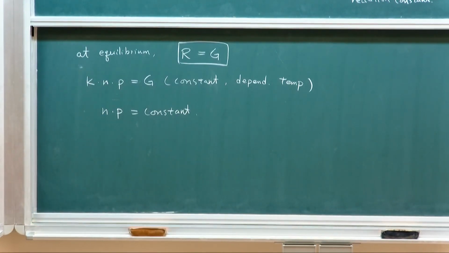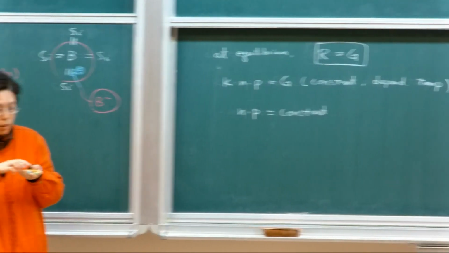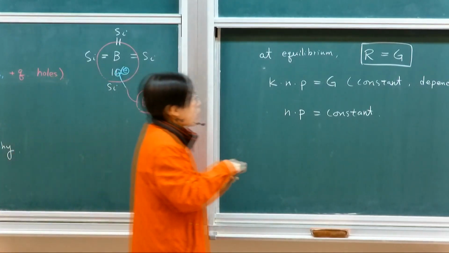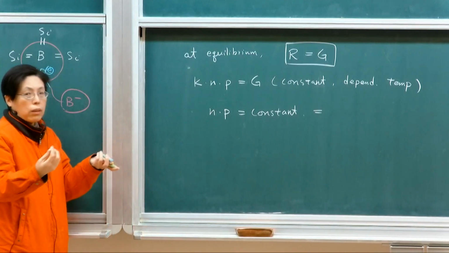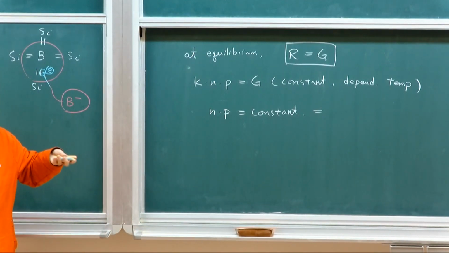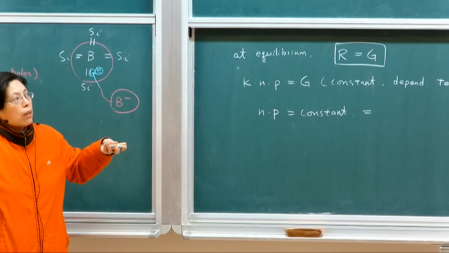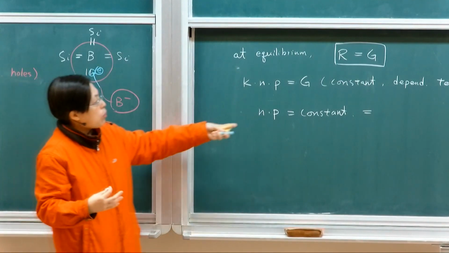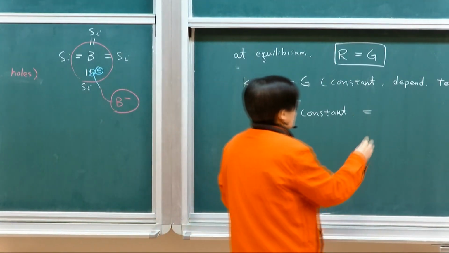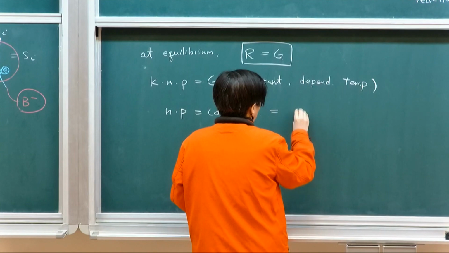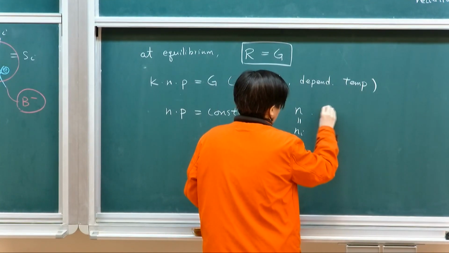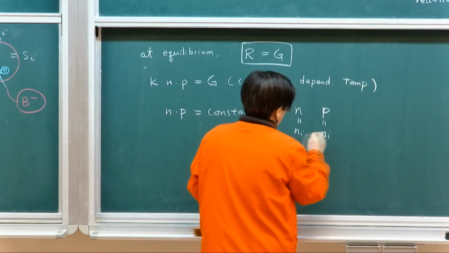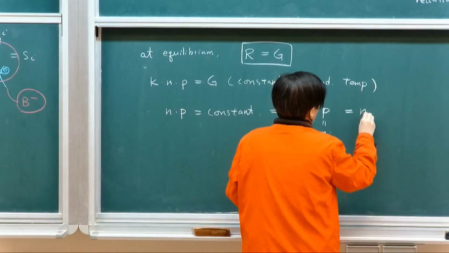And how do you benchmark it? Just use an example, the easiest being the intrinsic case. It should be independent of the material and dependent only on the energy put into the system. So we use a benchmark, the case where N equals Ni and P equals Ni. In the intrinsic case, therefore, it's Ni squared.